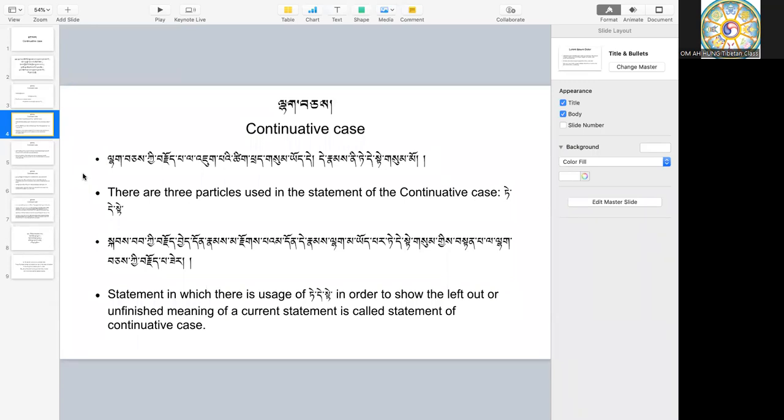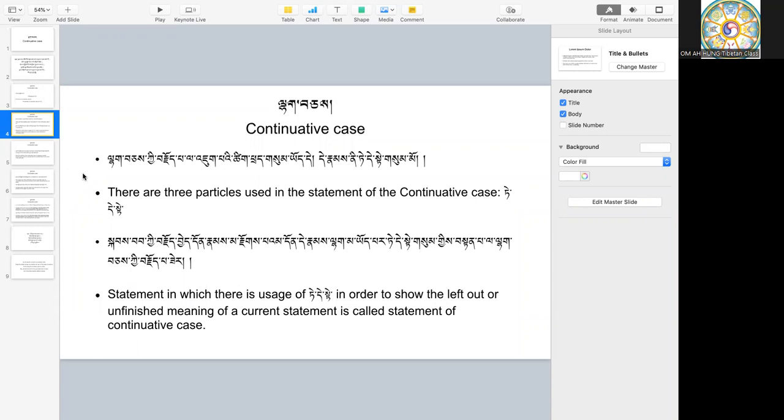There are three particles used in the statement of the continuative case. For a statement considered to be a statement of continuative case, there is usage of three particles, known as the particles of continuative case.